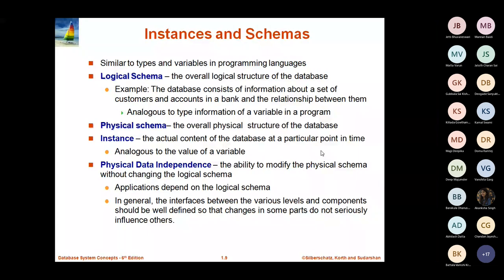And the physical data independence means that even if we change the physical schema without changing the logical schema, our applications will work. For example, if today we are storing the ERP database in Postgres and tomorrow we move it to Oracle, our end user applications, we as end users, will not be affected by that. We'll get the same type of interface.